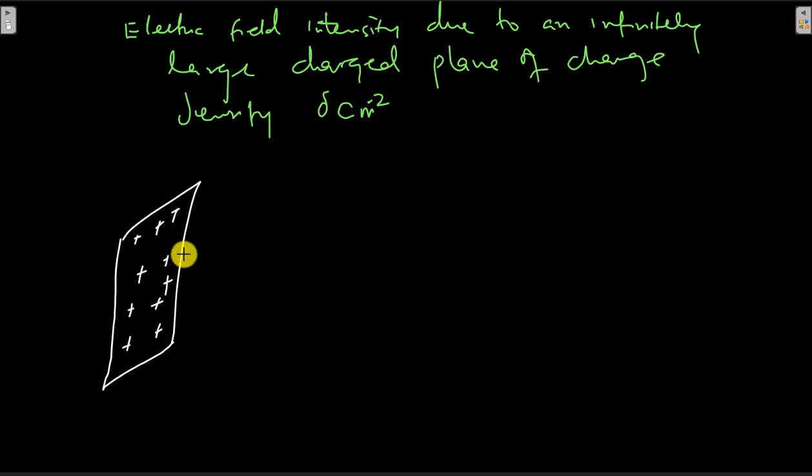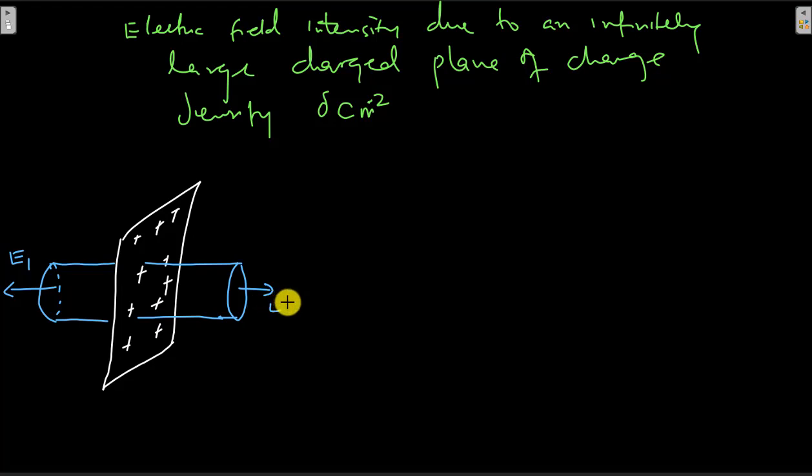For this case, the suitable Gaussian surface would be a cylinder. Let's assume the electric field intensity to this side is E1 and the electric field intensity to this side is E2.